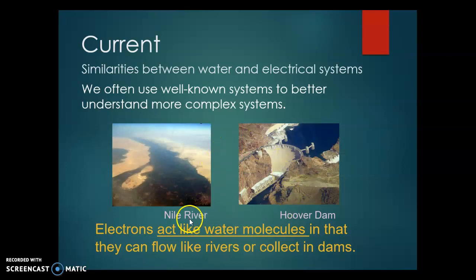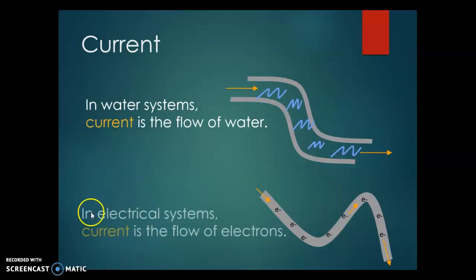So, electrons act like water molecules in that they can flow like rivers and collect in dams. So, this water system example can help us better understand electric currents and electric buildup. So, you can draw this example into your notebook.